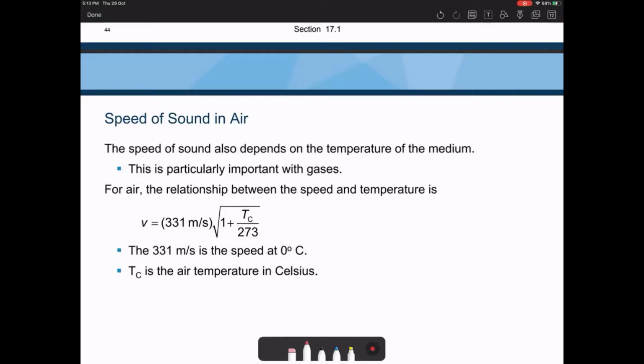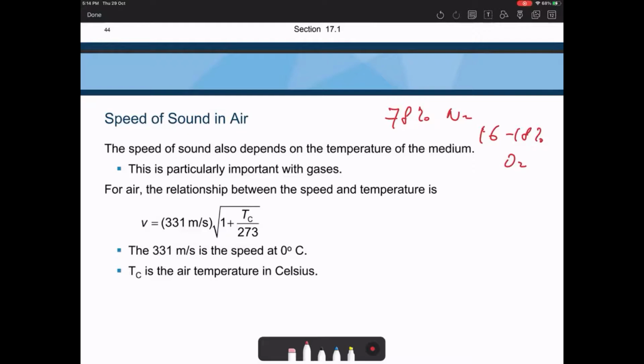You have around 78% of the air being nitrogen and around 16 or 18% being the oxygen. The rest of them are some other gases, for example, carbon dioxide or some noble gases.